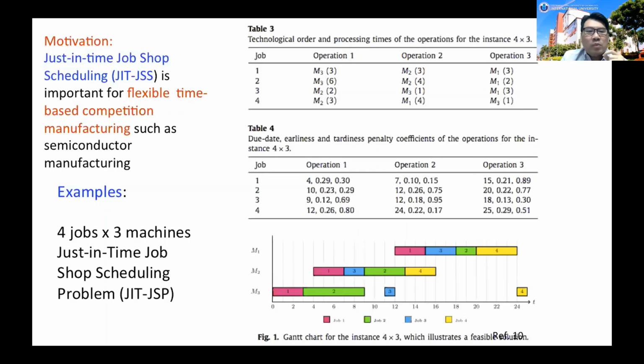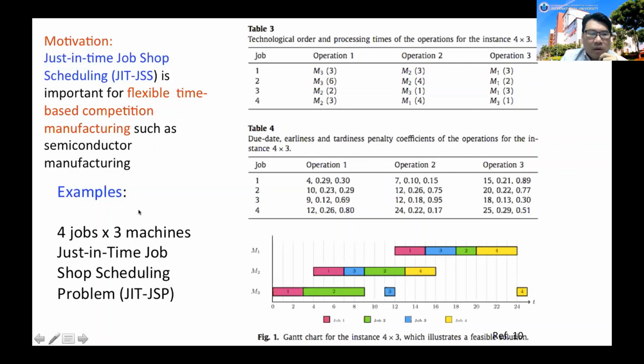And job shop provides very flexible scheduling. We mainly apply job shop scheduling for very complex manufacturing, such as semiconductor manufacturing, which I used to work on before. So I just give an example here.